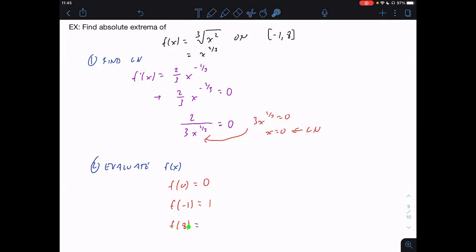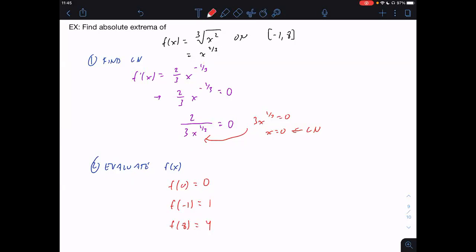And then let's see here, cube root of 8 squared. 8 squared is 16. The cube root of 16 here, let's see, 2 times 2 times 2. Hold on, did I mess that up? Okay, cube root of 8 is 2. 2 squared would give us 4.